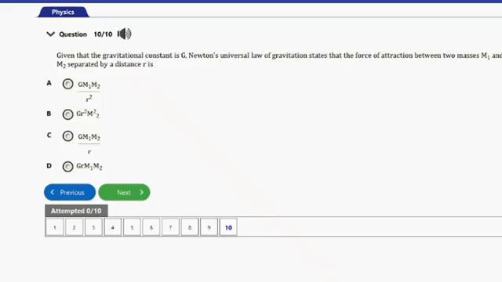So guys, obviously the answer to this question is option A, G into m1 m2 over r squared. So that's Newton's universal law of gravitation, and that's the answer to this question, guys.